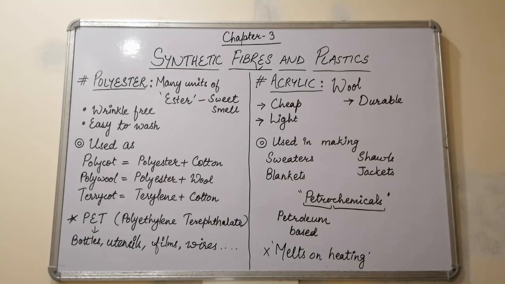Similarly, polyester could be mixed with cotton or wool, or terylene could be mixed with cotton. So these are different examples where we are combining, or attaching, some chemical units with each other, and for that synthesis, these petrochemicals are used as solvents.